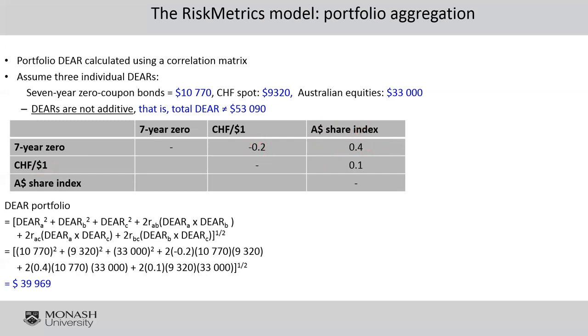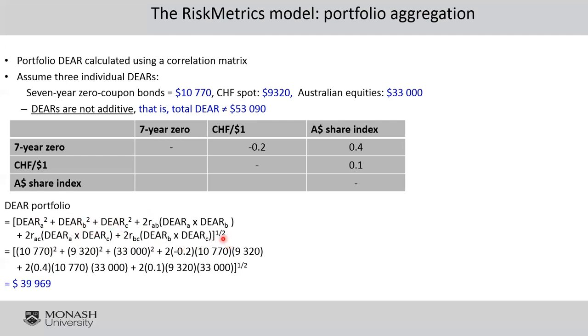I take all of those and put them in the formula, and the formula will be given to you. So we bring DEAR A, DEAR B, DEAR C: the fixed income, the foreign exchange, and the equities, then the correlation between the first and the second, the first and the third, and the second and the third.